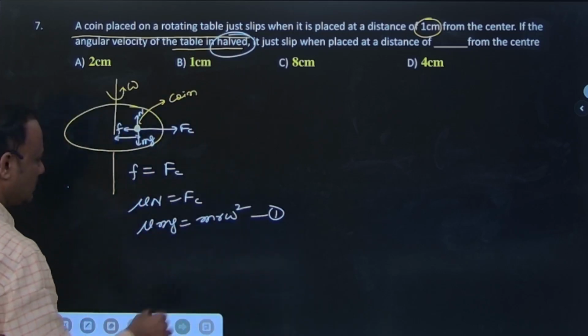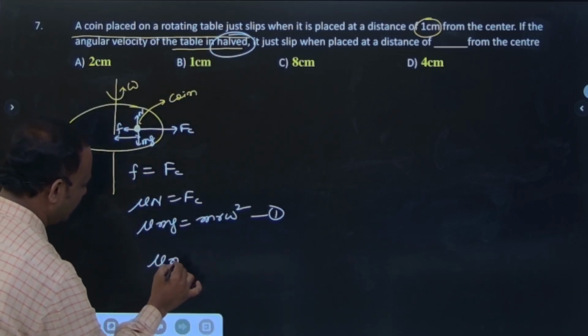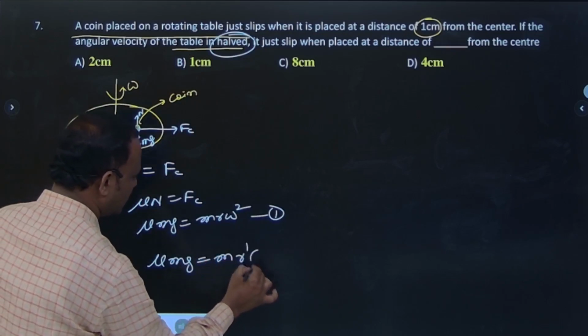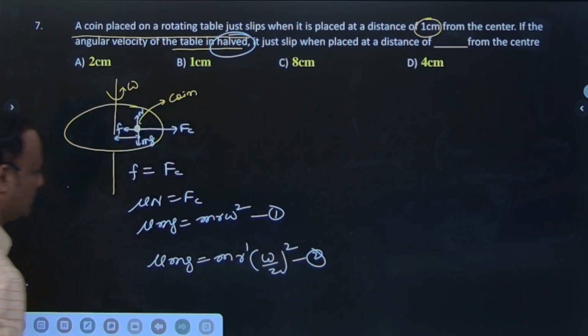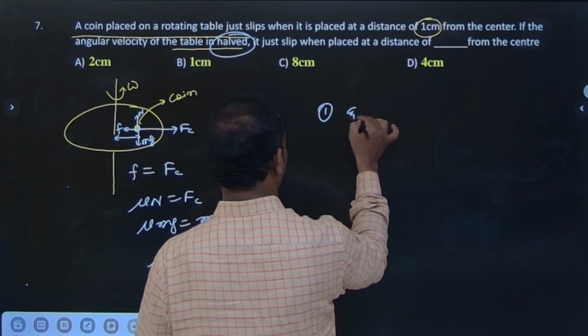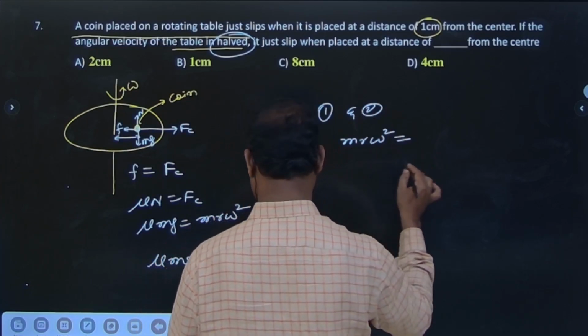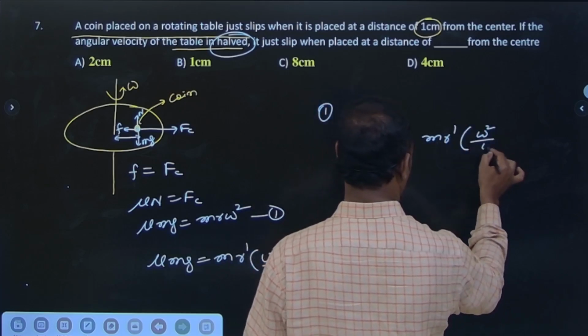Halved means mu into m into g is equal to m r dash into omega by 2 whole square. This is my second equation. Now from equations 1 and 2, m r omega square is equal to m r dash omega square by 4.